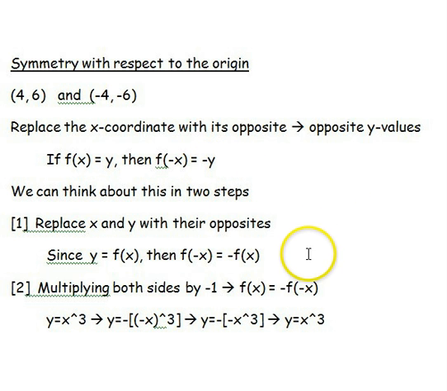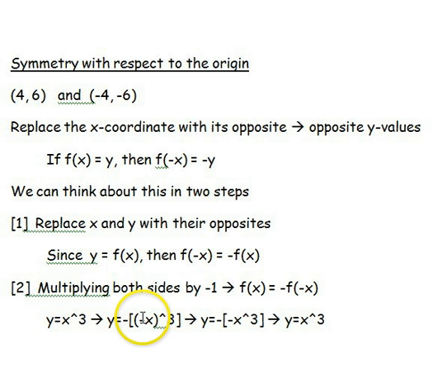So we can think about doing this in two steps. Replace x and y with their opposites. So if we start with f of x, we replace x with its opposite and y with its opposite. And if we end up solving for y by multiplying both sides by negative 1, we get this relationship. Let's see what that means with a function that we know is symmetric with respect to the origin, y equals x cubed.